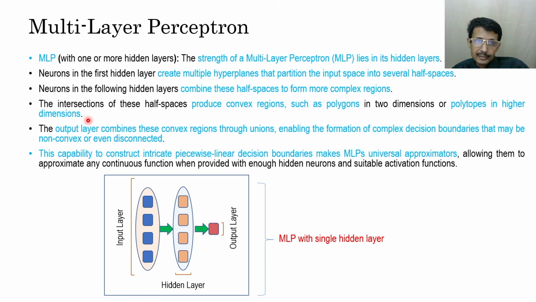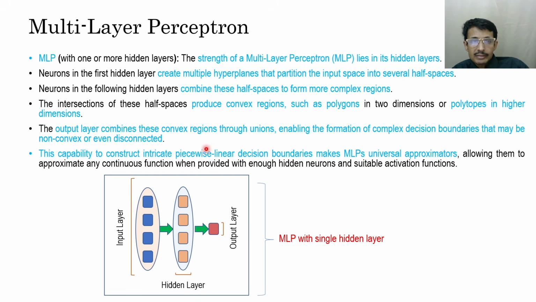The output layer combines these convex regions through unions, enabling the formation of complex decision boundaries that may be non-convex or even discrete. And that is the basic strength of the multi-layer perceptron. This capability to construct intricate piecewise linear decision boundaries makes the multi-layer perceptron a universal approximator.